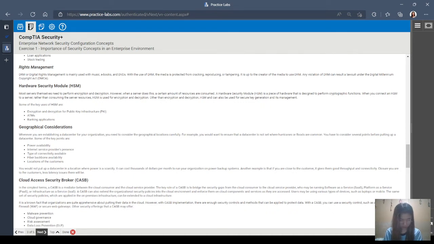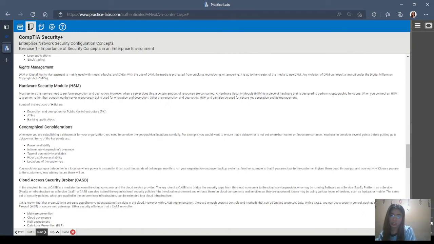Other than encryption and decryption, an HSM can also be used for secure key generation and its management. Some of the key uses of HSM are encryption and decryption for public key infrastructure, ATMs, and banking applications.